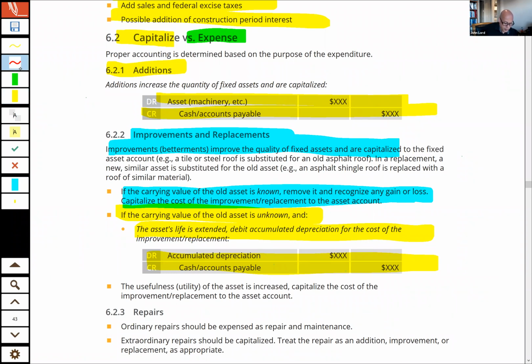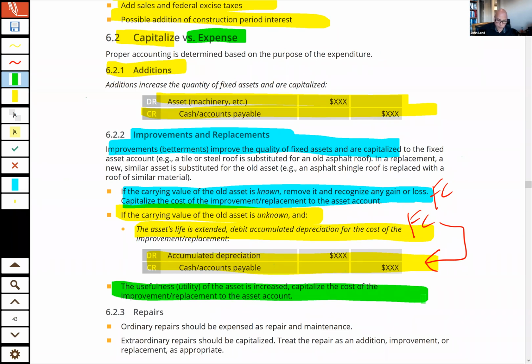Okay. So if the carrying value of the old asset is known, remove it, recognize gain or loss, and capitalize the cost of the improvement. If the carrying value of the old asset is not known, then if you increase the life or the usefulness of the asset, go ahead and debit the asset account, which is what we say right here.